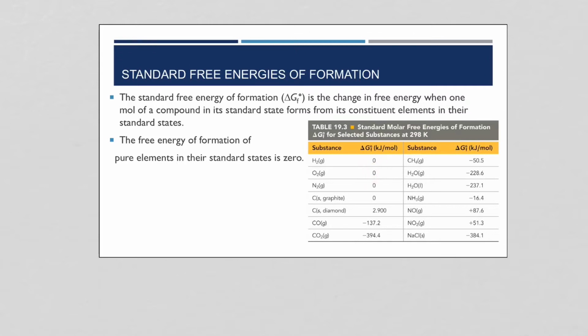You can also see how, just like we saw with entropies and with enthalpies, there is a standard form, and that's carbon as graphite, so it's going to be 0 for graphite, and the other allotropes are going to have some value.